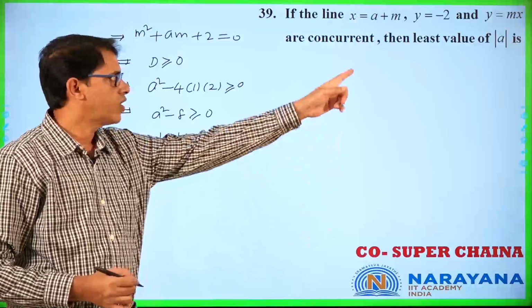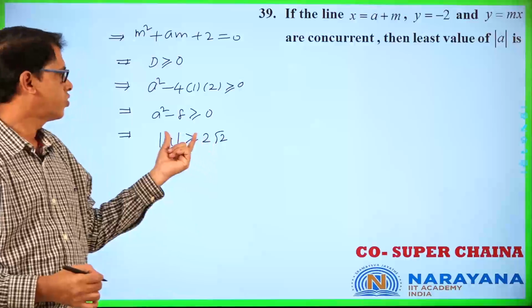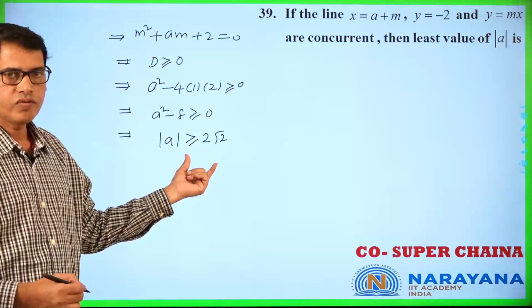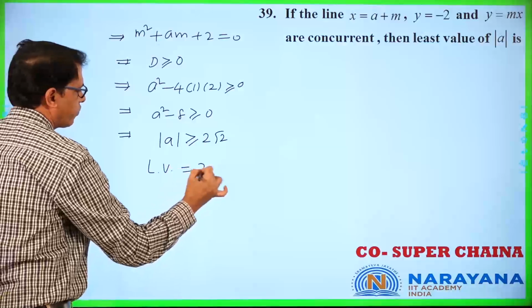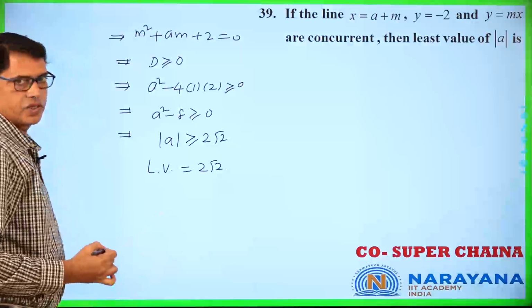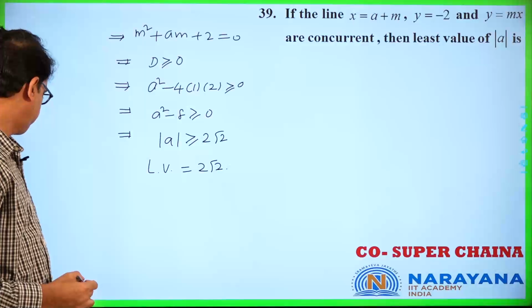So therefore mod a is greater than or equal to 2 root 2, and the least value equals 2 root 2.